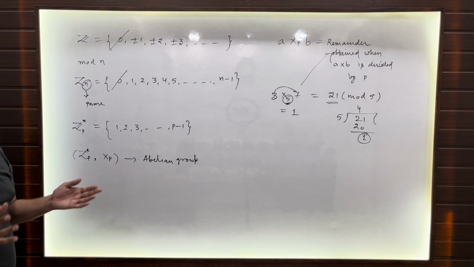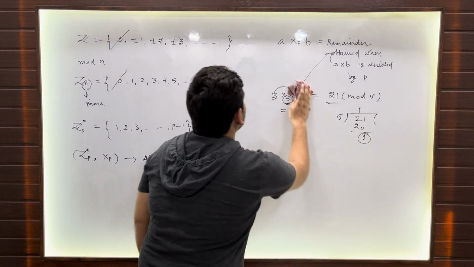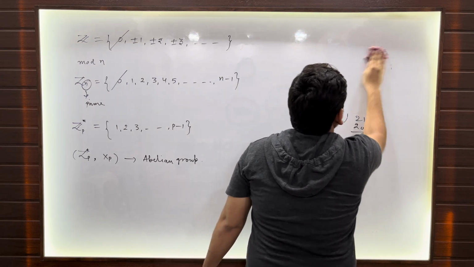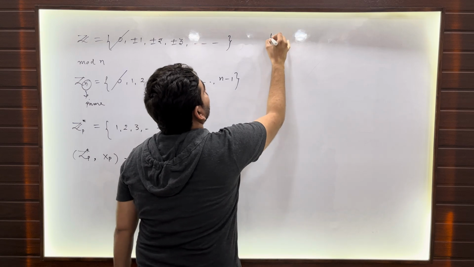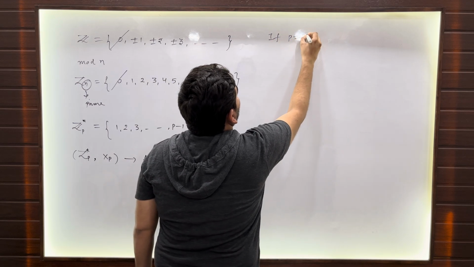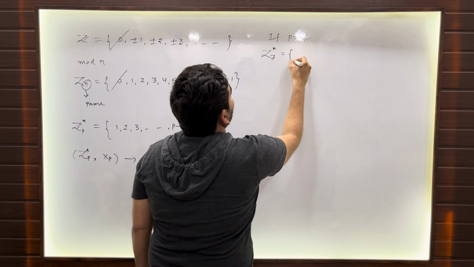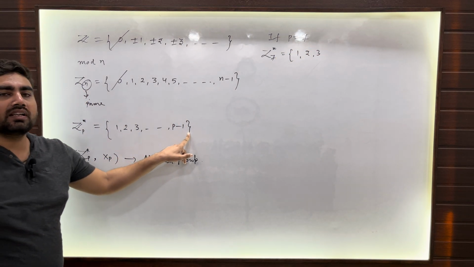Now to clear our understanding, we will take a particular example of this group. Suppose we take p as 7. If we take p as 7, then we get Z7 asterisk as 1, 2, 3, 4, 5 and 6, that is, up to p minus 1.